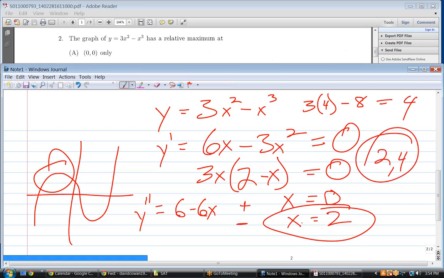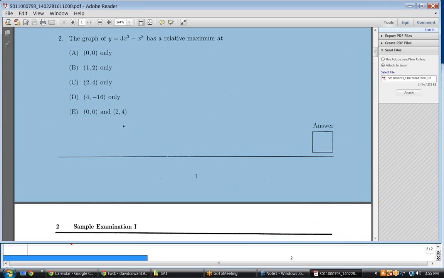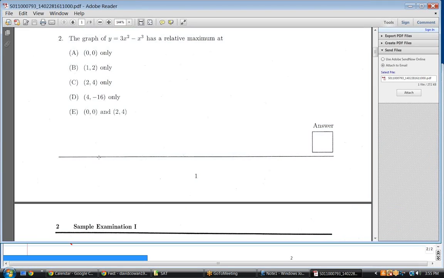In other words, I have to take the x value that I came up with and go back to the original function, this one right here that I drew, and figure out what y would be. In other words, what is that point right there? I know the x-coordinate is 2 and the y-coordinate is 4. So, C.